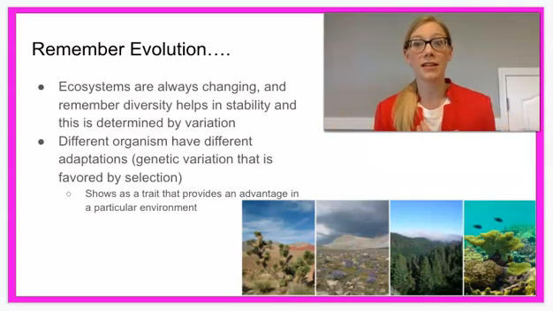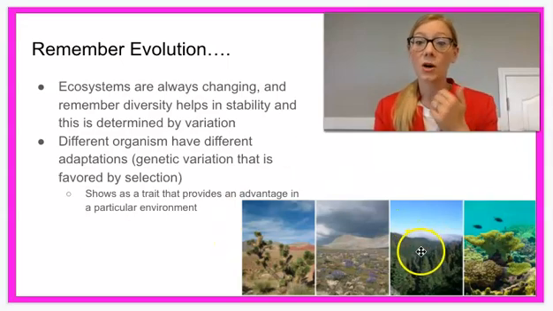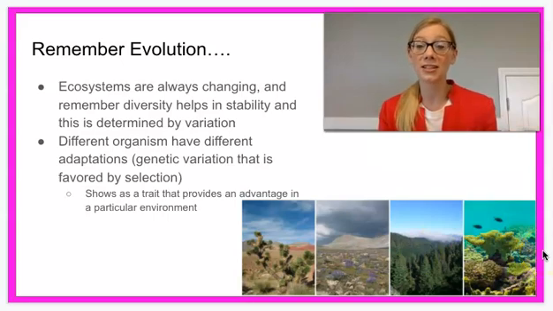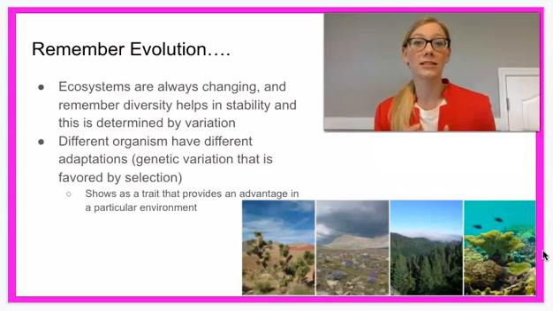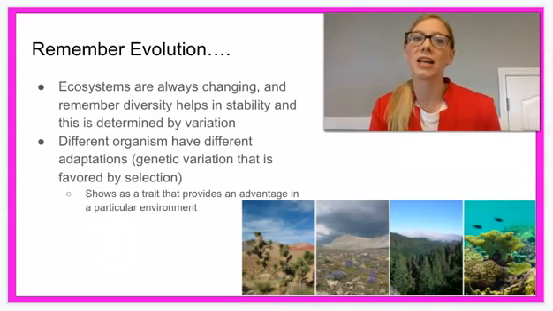And remember that an adaptation is beneficial if it is selected upon based on what's happening in the environment, right? So we could have a desert environment or more of a forest environment or even a coral reef, right? We're not necessarily going to find the same types of organisms there because they all have different traits or adaptations that help them survive in that given situation where they wouldn't be able to in other situations.